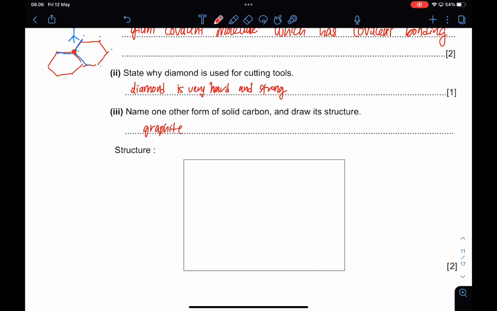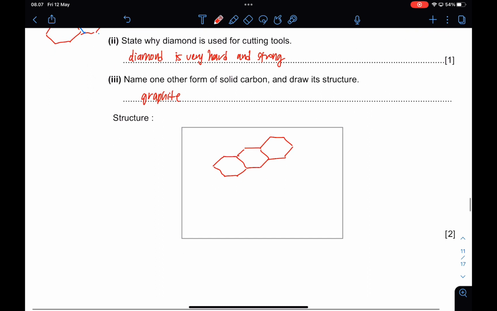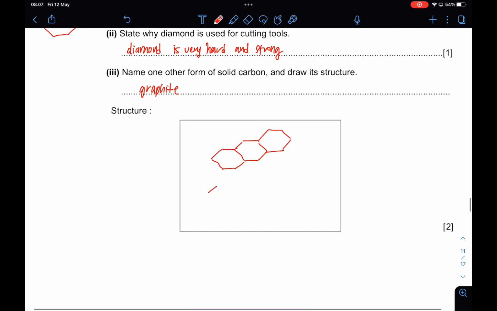So this one we just say, name, graphite. And then draw its structure. How to draw the structure? Just now I drew it for you already. So you draw like this. Let's say this is 1. So you can draw another layer.